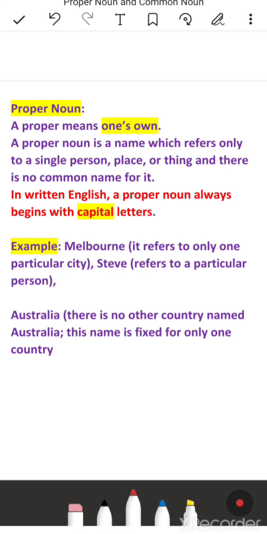A name which is not shared by all is a proper noun. In the same way, a name given to a place, to a thing, or something else. As we know, in written English we always start a proper noun with a capital letter. Now let's try to understand it better.